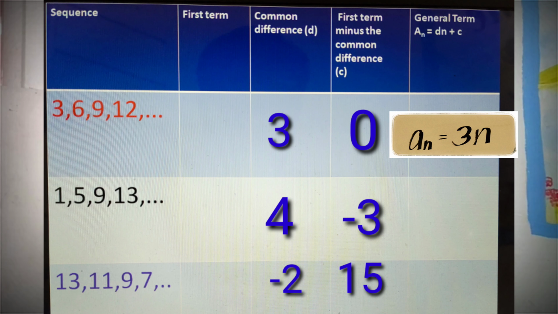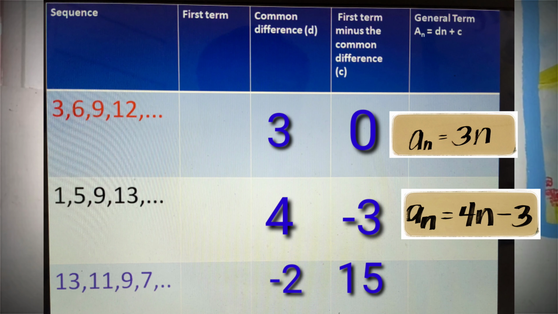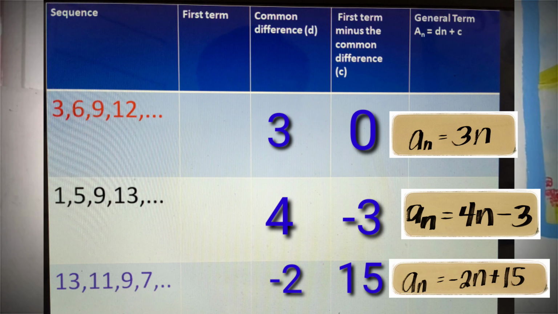So the general term is a sub n equals 4n minus 3. At sa number 3, d is negative 2 and c equals 15. So we will have now a sub n equals negative 2n plus 15. Okay? So ayan, pwede na kayong sumagot sa second page ng module nyo this week.